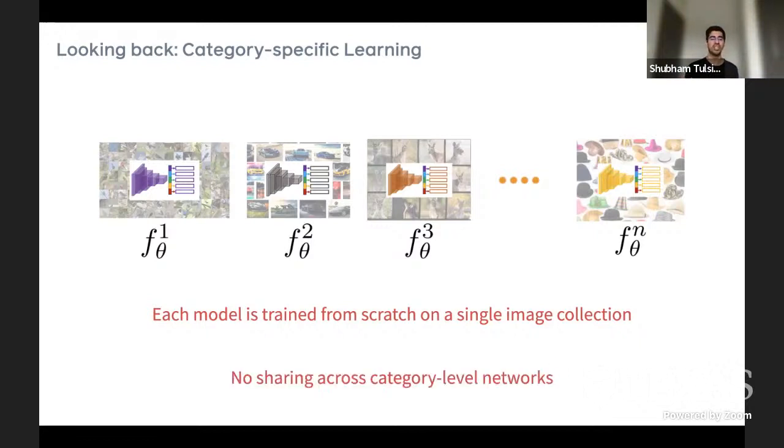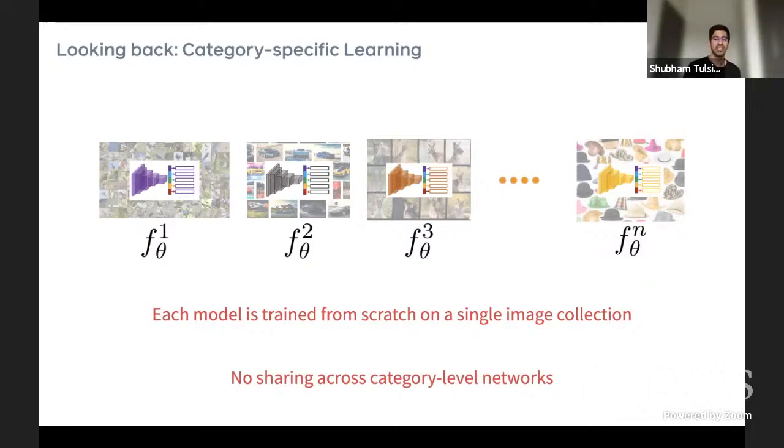And of course, they're not very expressive because each model is trained independently on a category and really cannot benefit from the common structure across objects. For example, vases are round, and perhaps hats also have some structure in them that is round, and so a common model might perhaps reconstruct them better.